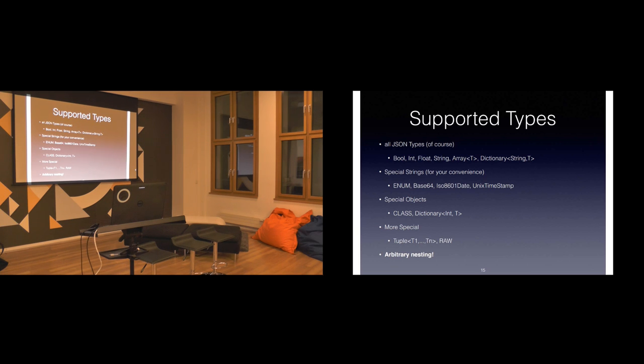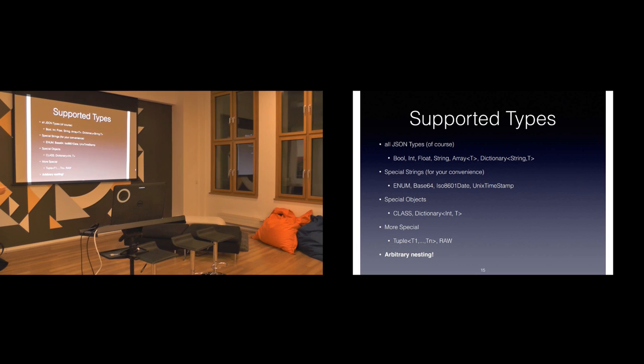So you have, of course, all JSON types: bool, int, float, string, array of something, dictionary of something. And then for class and enum, of course, we have seen there's some special translation. But there's also decoding for base 64 data, ISO 8601 date, and Unix timestamp. There's also some more weird stuff like tuples or dictionaries where the keys are really numbers encoded in strings, because you can only have strings in JSON dictionaries or JSON objects.